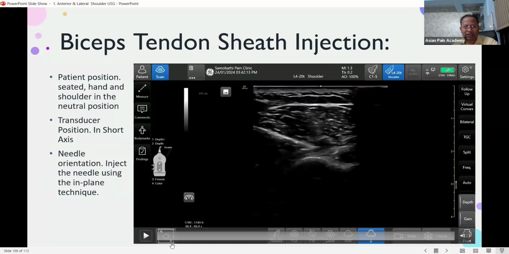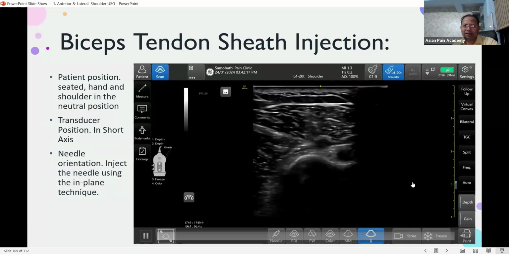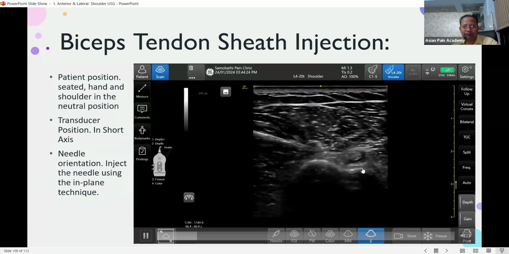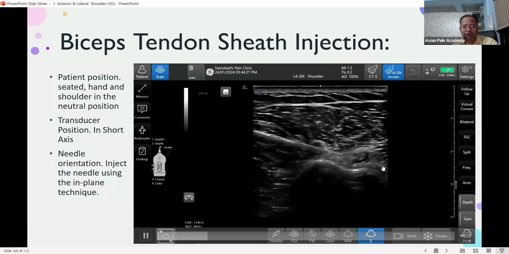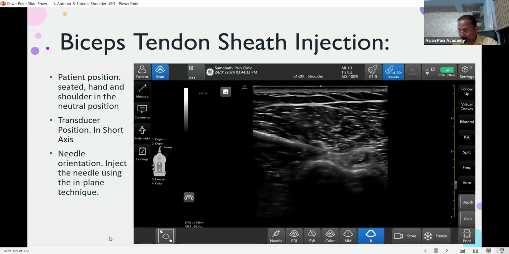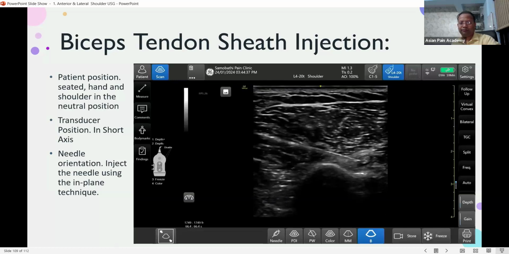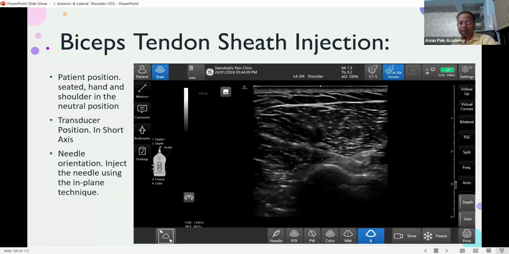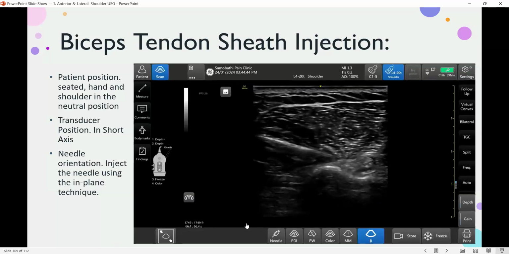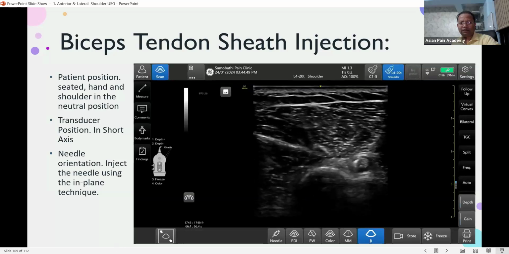Biceps tendon sheath injection. So this is a case of bicipital tendinitis. Here, there is no associated joint effusion. Yes.